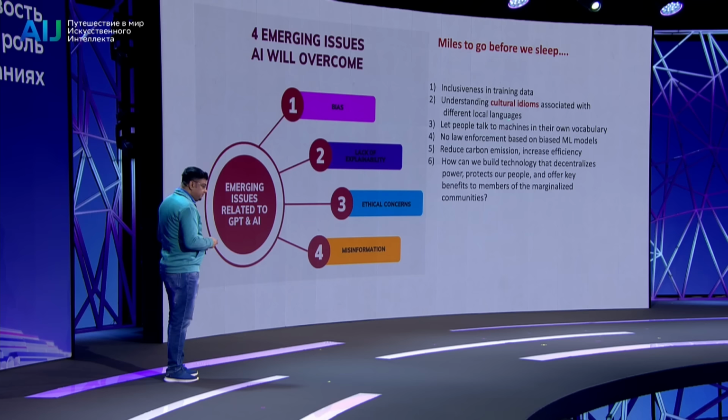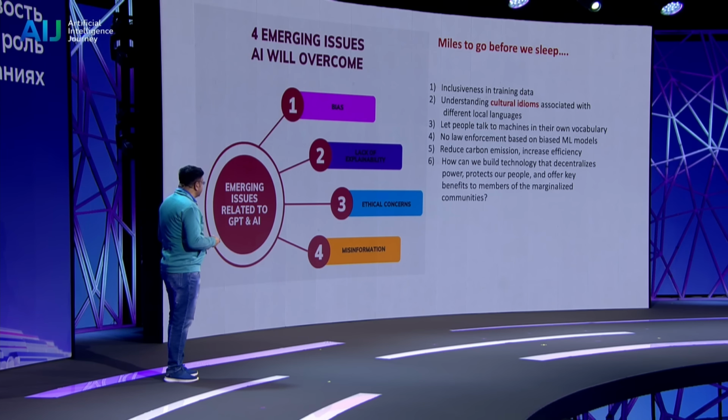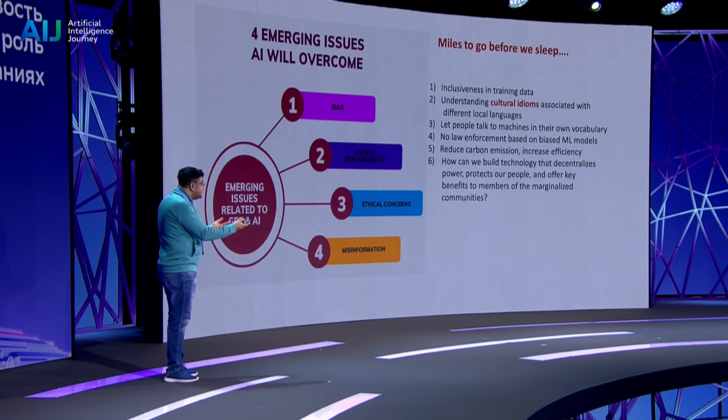Inclusiveness in training data. Huge training data doesn't mean inclusiveness, doesn't mean it is balanced over all possible groups. Understanding cultural idioms associated with different local languages. India has 23 plus language groups. Many other countries, I'm sure, have different language groups. And one phrase could be very humble in your language, very offensive in my language.